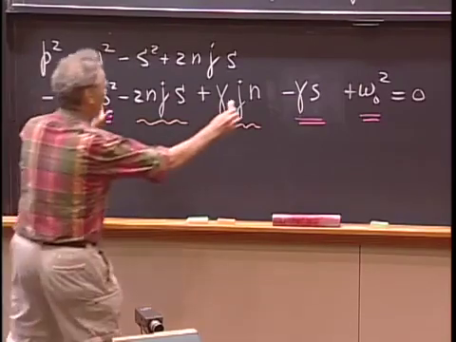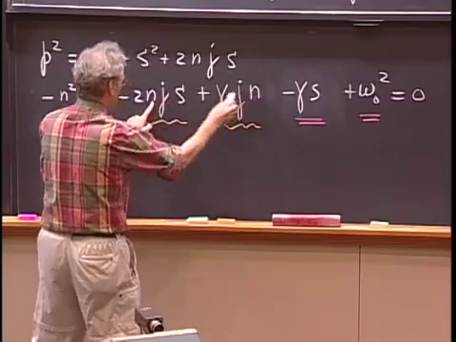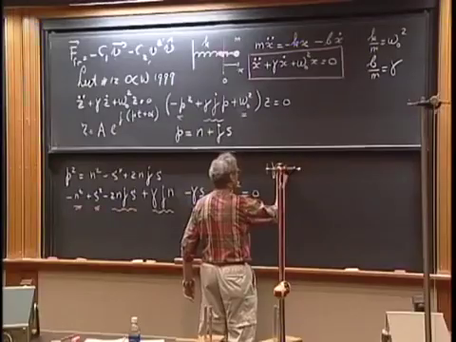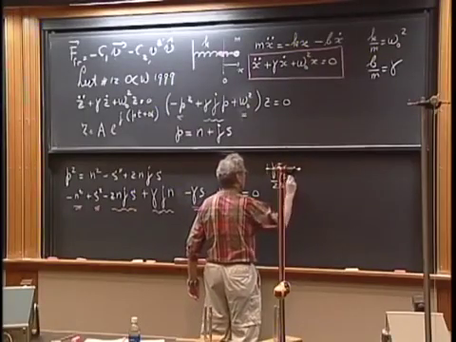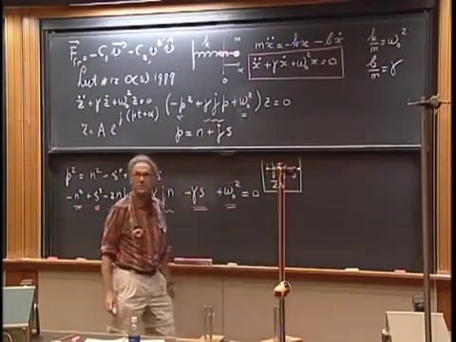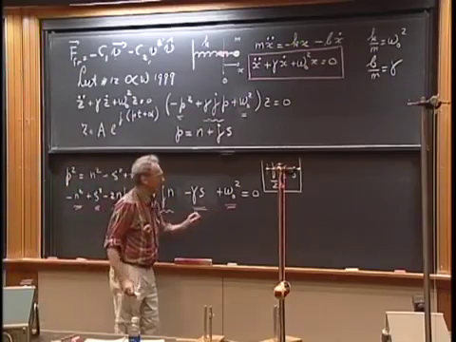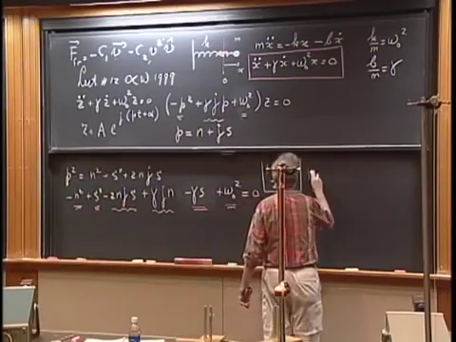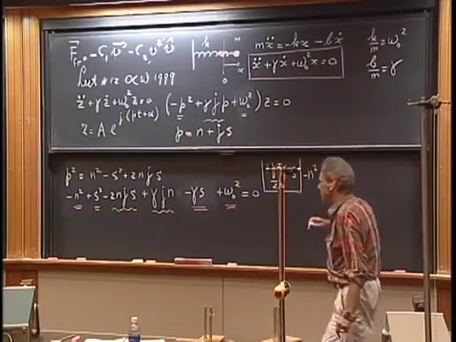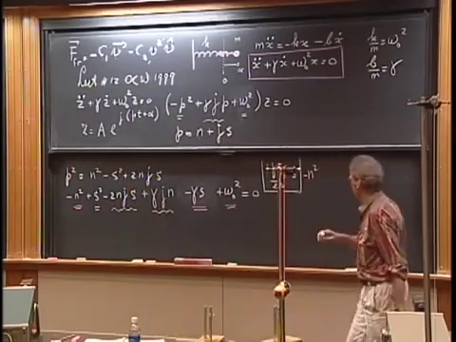For this to be 0, there's a j here, there's a j here, there's an n here, there's an n here. 2s must be gamma. So gamma over 2 is s. Oh, we found s. For this to be 0, we find that n squared minus n squared plus gamma squared over 4, because we know what s is now.